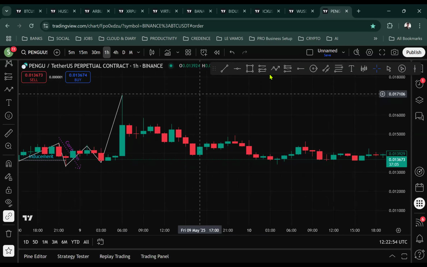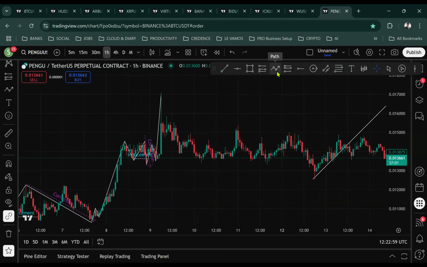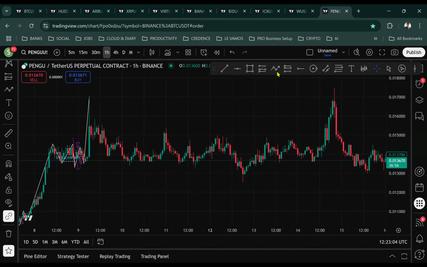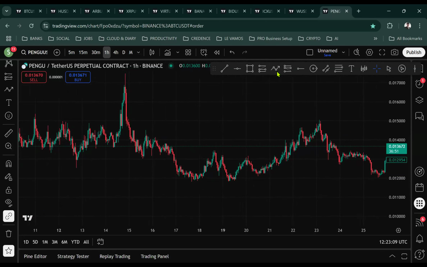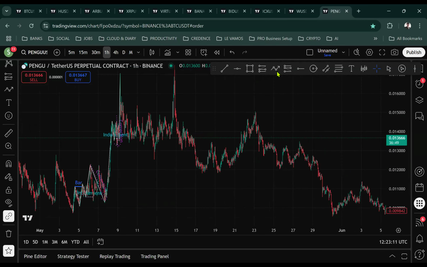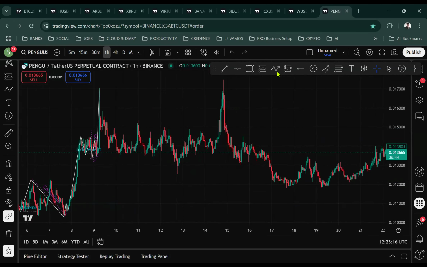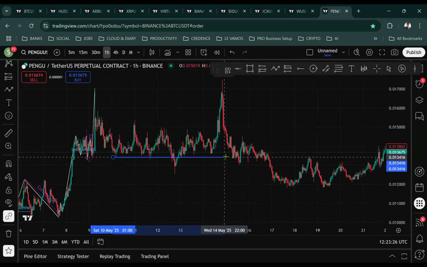Now from here, it's going down only. But this area is sideways.